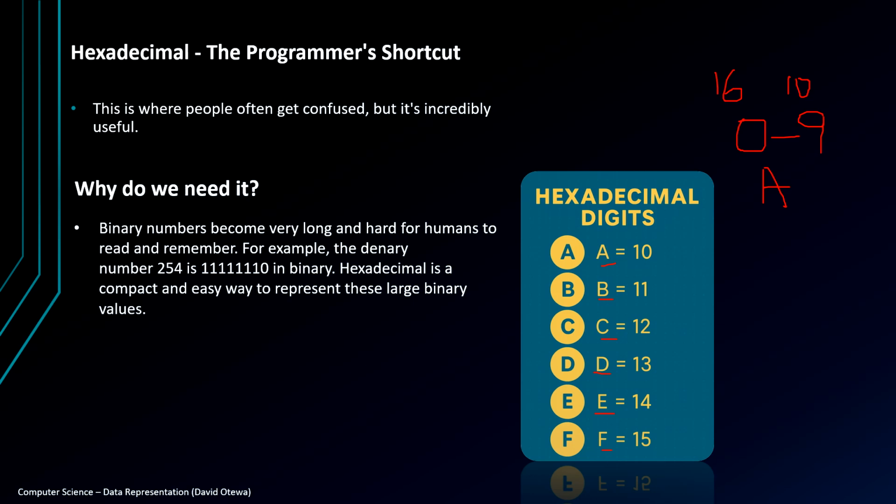So that's how the number system works. And it's needed because binary is too long for humans to remember. That's why they also introduced hexadecimal, which is easier for human beings to represent.